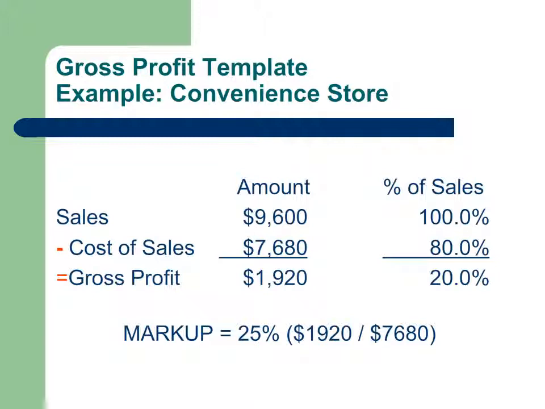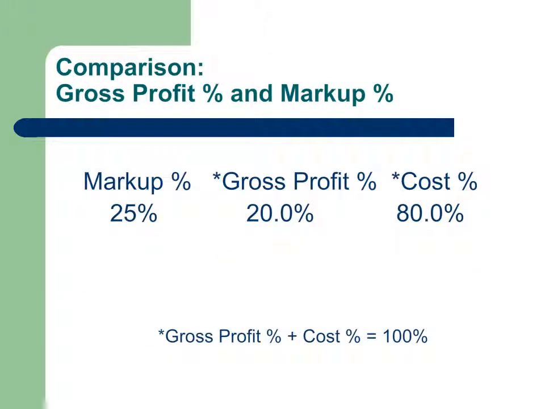So let's summarize the last three examples. A markup of 25% always equals a 20% gross profit margin. And because the gross profit margin plus the cost percentage must equal 100%, then they equal an 80% cost of sales. Likewise, a markup of 50% always equals a 33.3% gross profit margin and a 66.7% cost of sales.